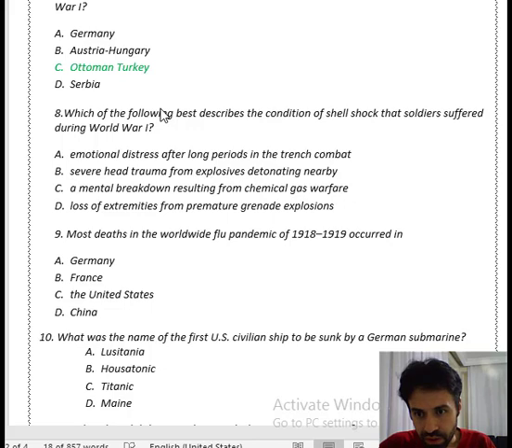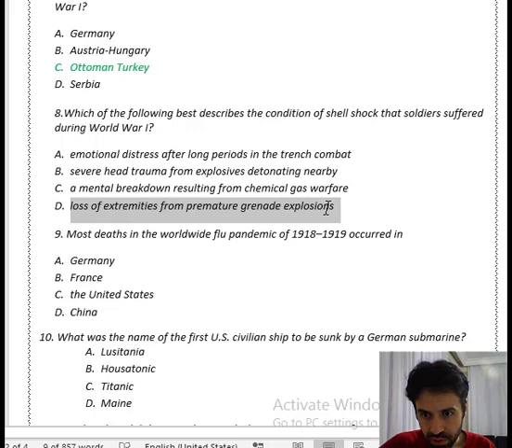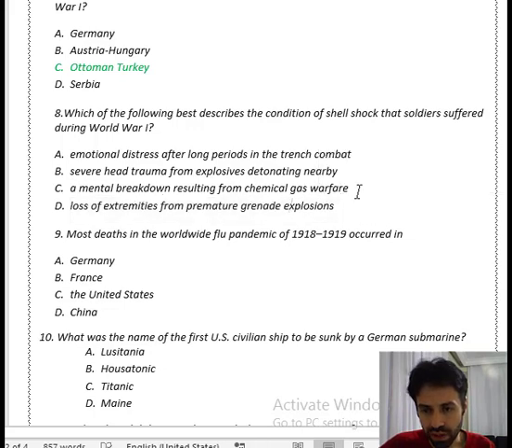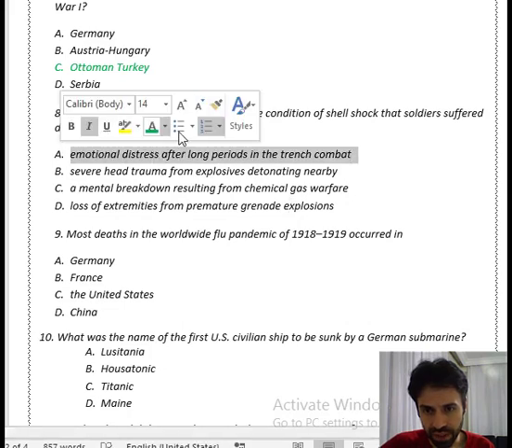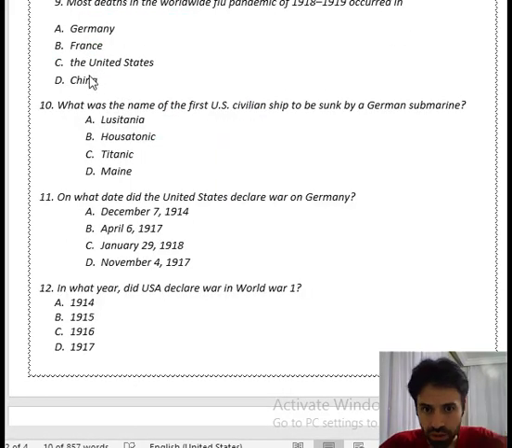A. Emotional distress after long periods in the trench combat, B. severe head trauma from the explosive detonating nearby, C. a mental breakdown resulting from chemical gas warfare, or D. loss of extremities from premature grenade explosions. So which one do you think is the correct answer? Very good. A is the correct answer. Emotional distress after long periods in the trench combat.